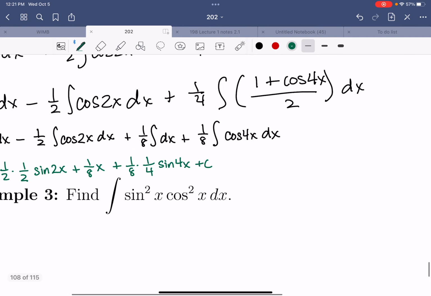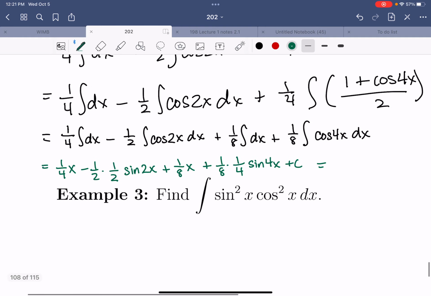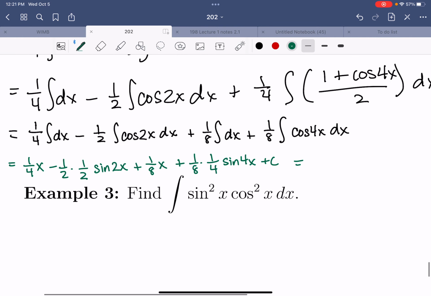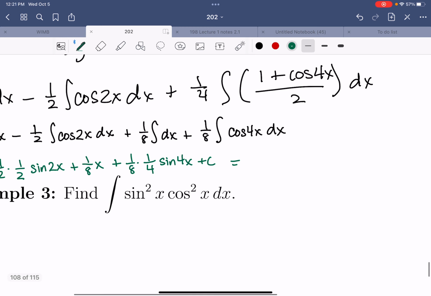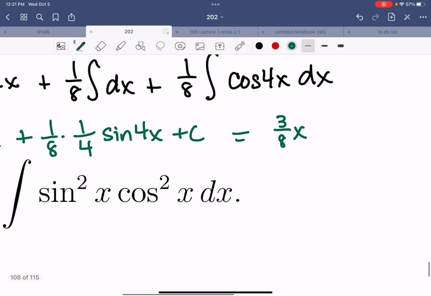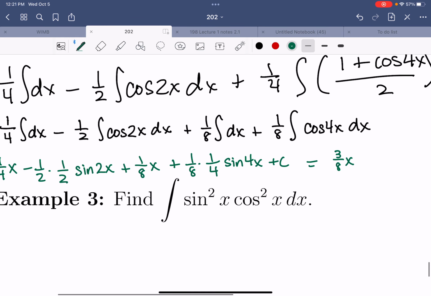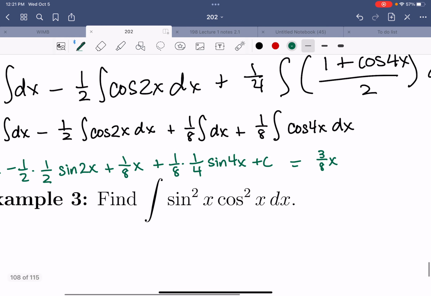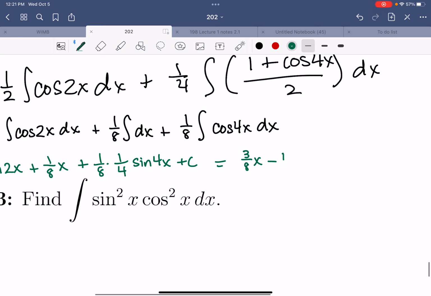And so if we clean that up, that gives me 1/4 plus 1/8. Let's see, double that. That gives me 3/8. So 3/8 x. And then sine 2x and sine 4x are not like terms. So I'm going to have minus a 1/4 sine 2x.